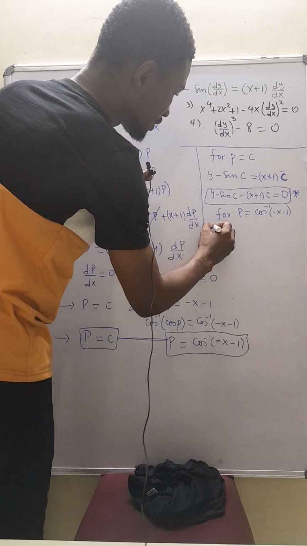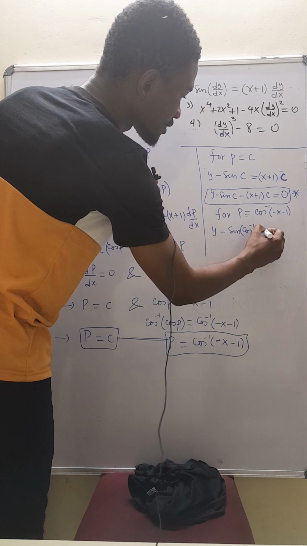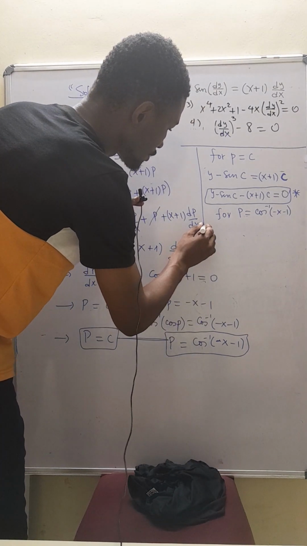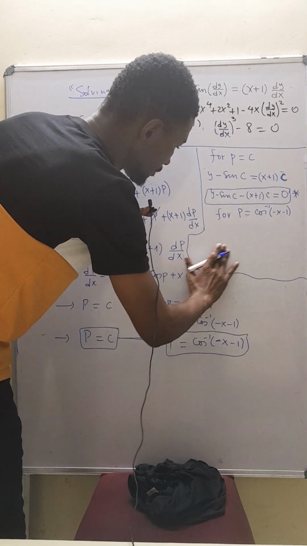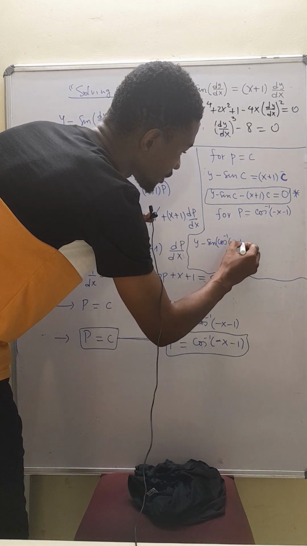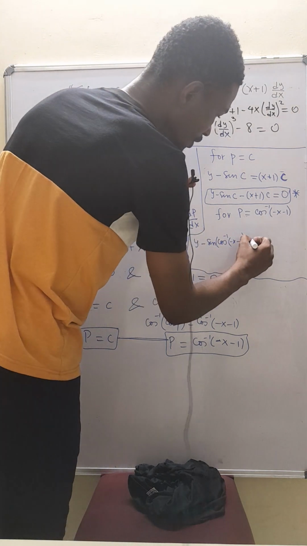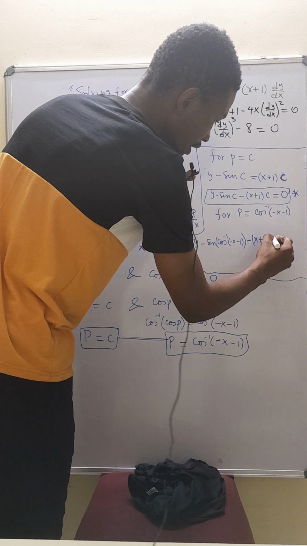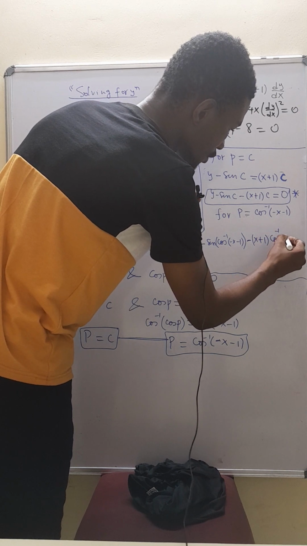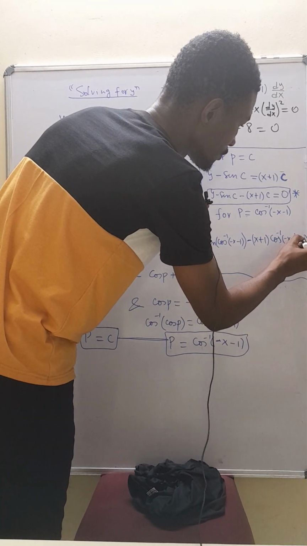Then I will get y minus sin of cos inverse of minus x minus 1, minus (x plus 1) times p, where p is again cos inverse of minus x minus 1, equal to 0.